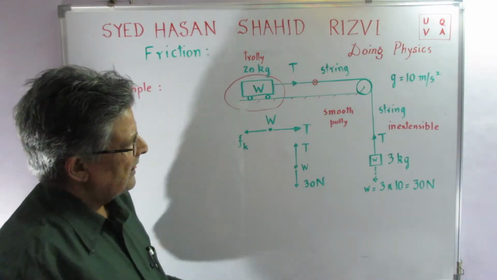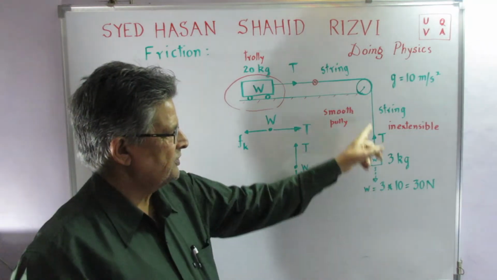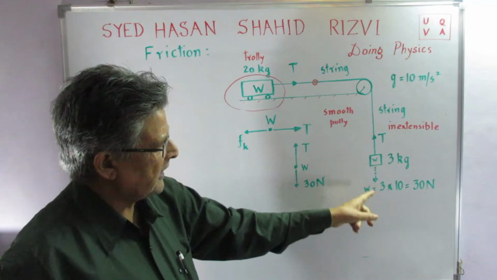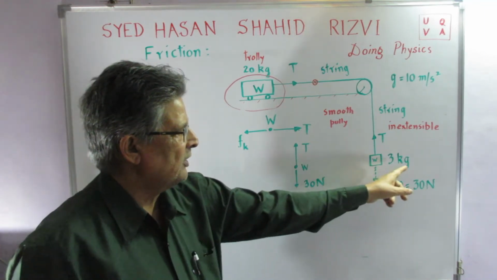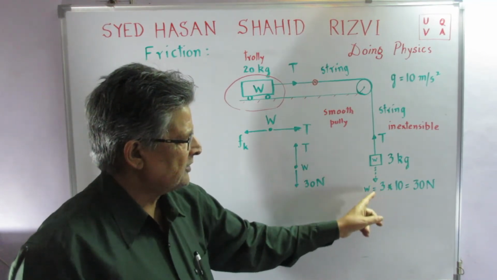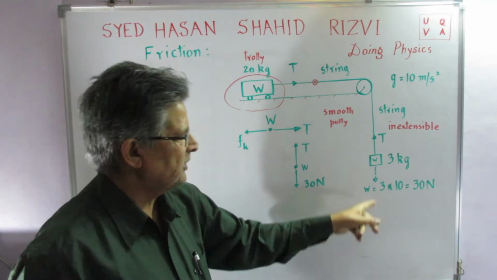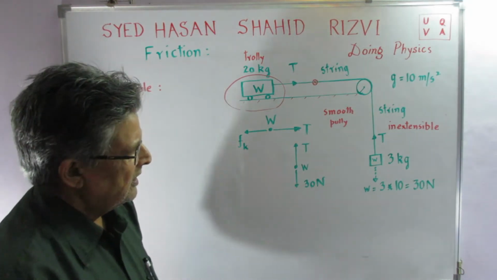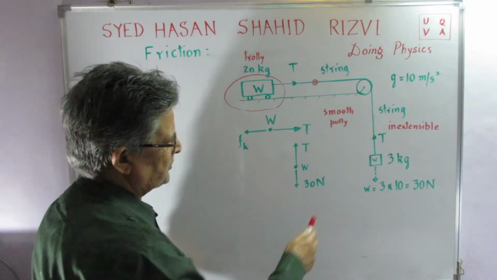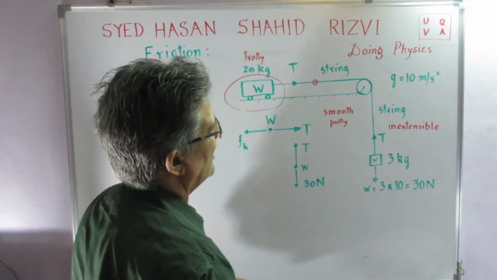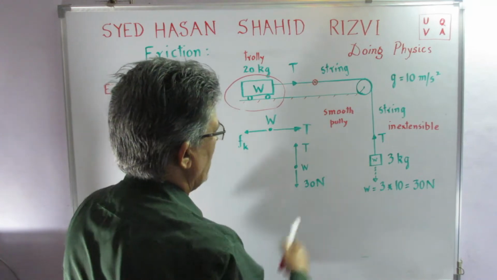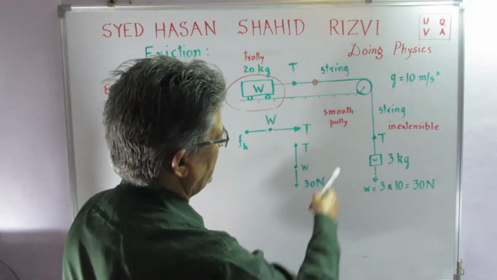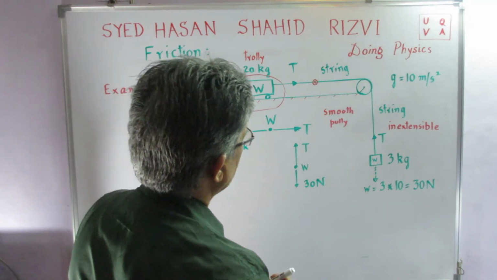Then the other body is also moving in a vertical direction. This body has a mass of 3 kilograms. So that means the weight of the body, or the force on the body, is equal to 3 into 10, which is 30 newtons. And naturally, because this body is going down, the state of the body is that this body is moving downward in this direction.